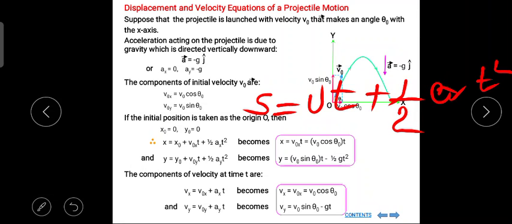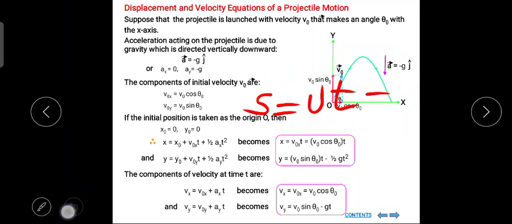Now the equation becomes x equals x naught plus v naught x t plus half a x t square. This x naught means the initial position; if it is not from the origin you can take it as some value, but if I have started from the origin, then there is no use of this x naught.